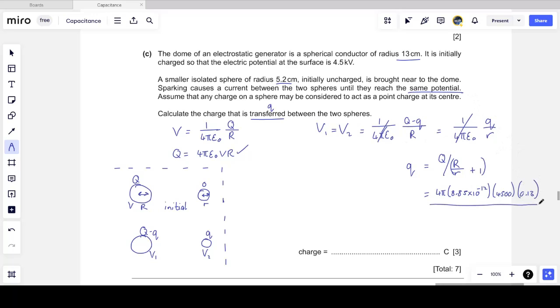And all of this divided by big R over little r, I can leave it in centimeters, 13 over 5.2, plus 1. And if I do this calculation to two significant figures, what I find is the charge that's transferred is 1.9 times 10 to the minus 8 coulombs, transferred to the small sphere. If I wanted to, I could find what is remaining on the large sphere, but it wasn't asked of me.